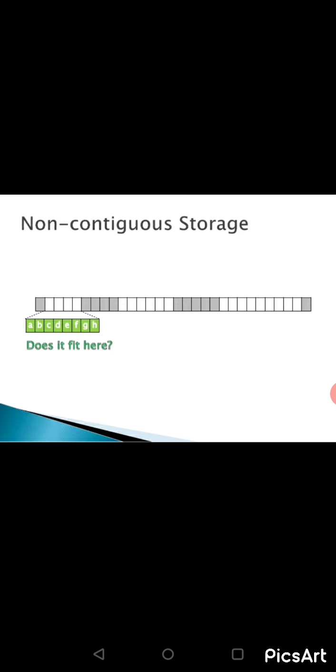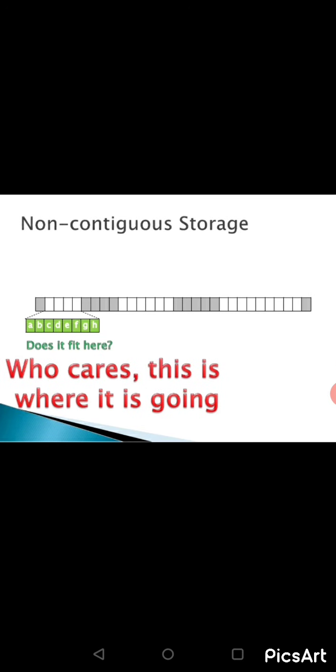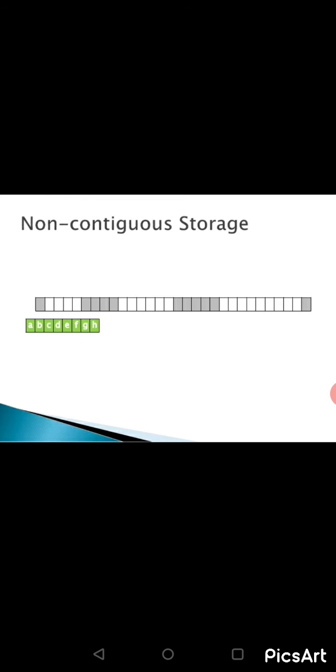This condition is not here in non-contiguous. So you can allocate your blocks wherever there is free space. Who cares where it is going, because it is non-contiguous. See here, you can store 4 blocks here and again 4 blocks. If continuous memory is not available, then you can store anywhere.